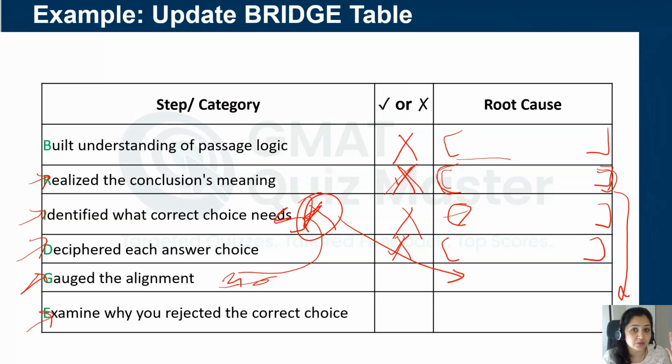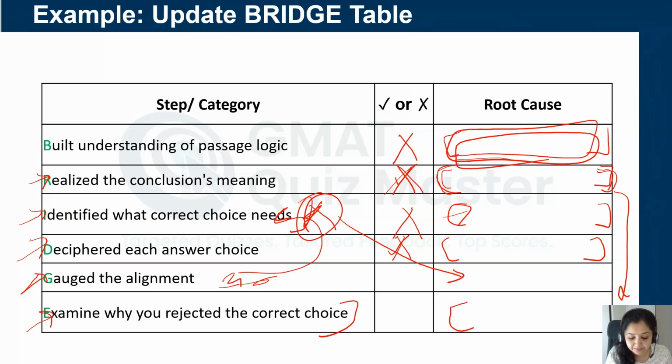So this is where you need to think about choice D. Did you not understand its meaning properly, or did you not understand that it can be related to the average that has been mentioned in the passage? Or maybe because you did not read the word average here in passage logic, you did not even try to relate the meaning of choice D or the inference that can be drawn from choice D with the passage logic, and that is where you faltered. So mention that exact reason here.